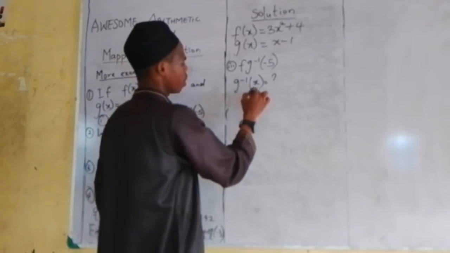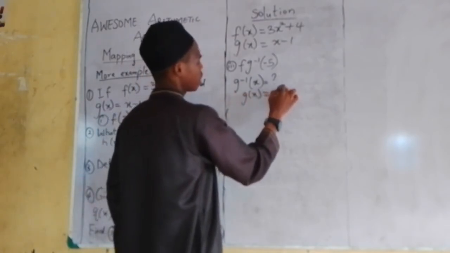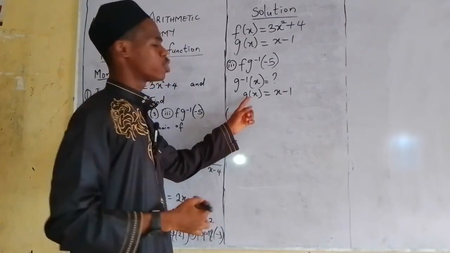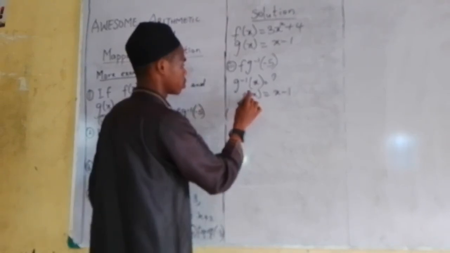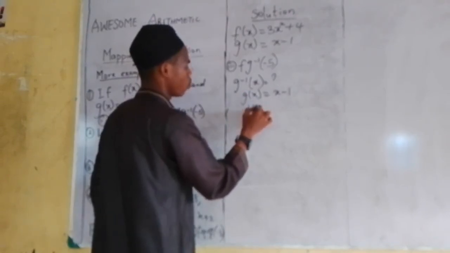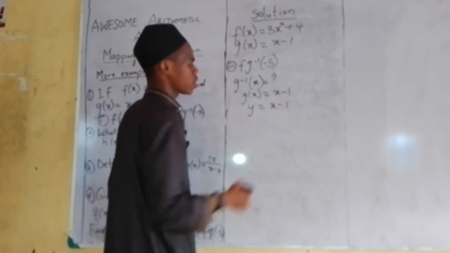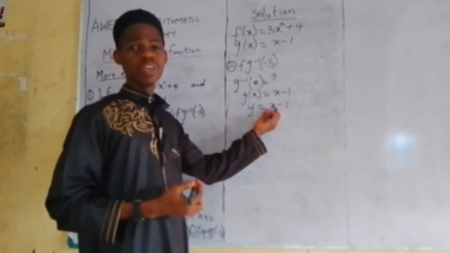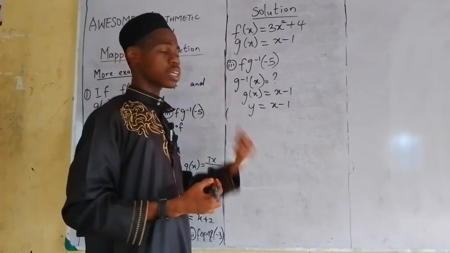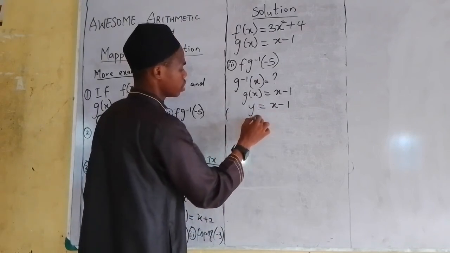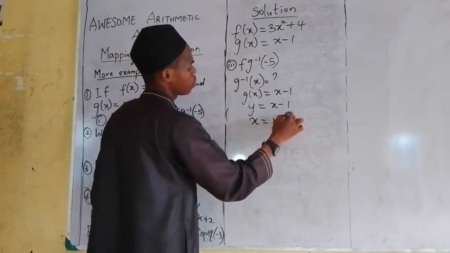Remember that is what we want to find now. If I have g of x to be x minus 1, I told you that we should take this one as letter y. So if I have y now, y equals x minus 1. Now I will make the x inside the subject, that is bringing x outside. This will give me x equals y plus 1.